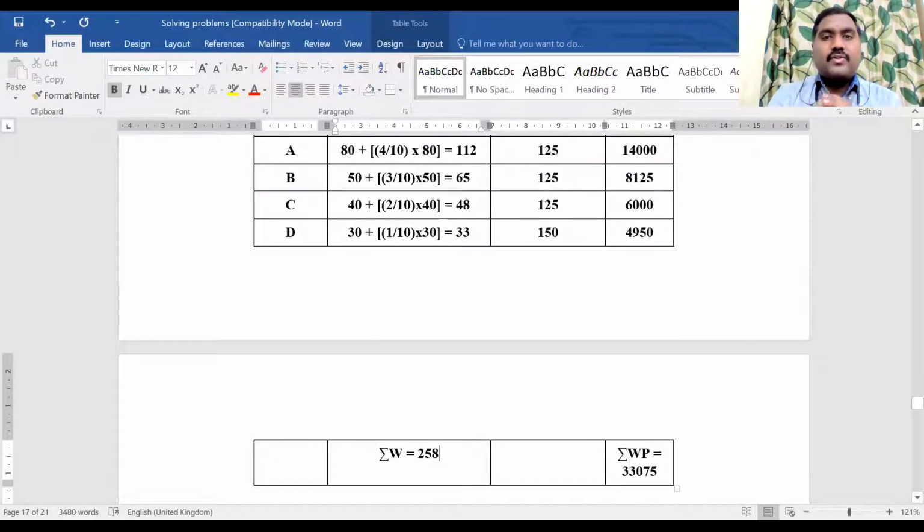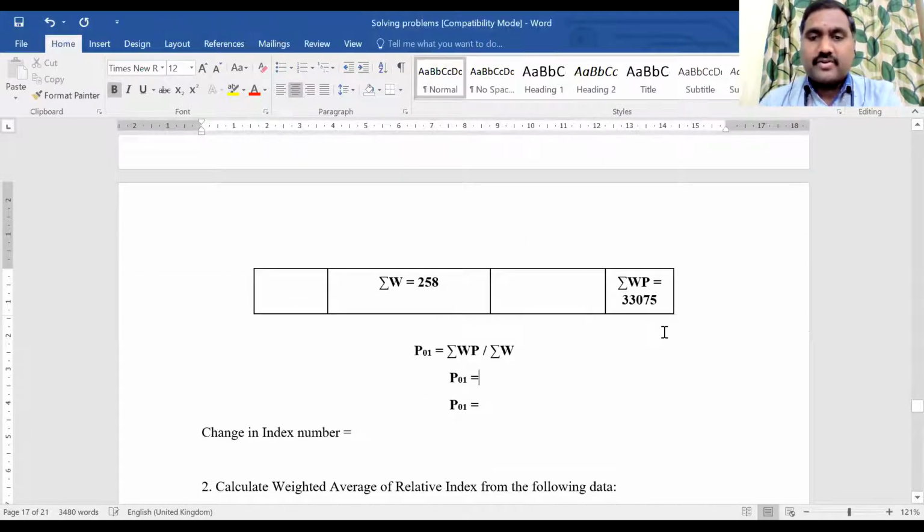So we need to find the index number in two different ways. The first is for the given problem. The second is we need to adjust the weightage value based on the ratio given in the problem. Based on that we got the new weightage, we calculated the WP value, and now we need to substitute and find the value.